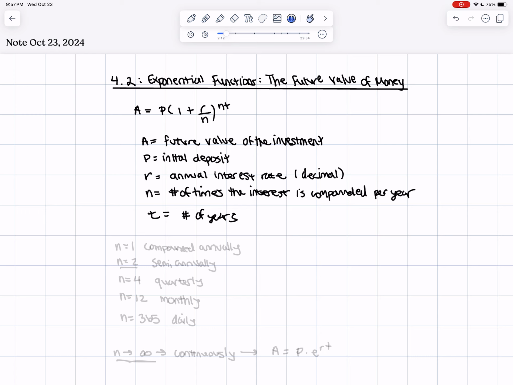And before we do that, I want to give examples of what the N's could be. So let's say an N of 1 would be if they said compounded yearly or annually. And I know I went over this in the office hour, but we're going to do it again. N of 2 would be semi-annually.